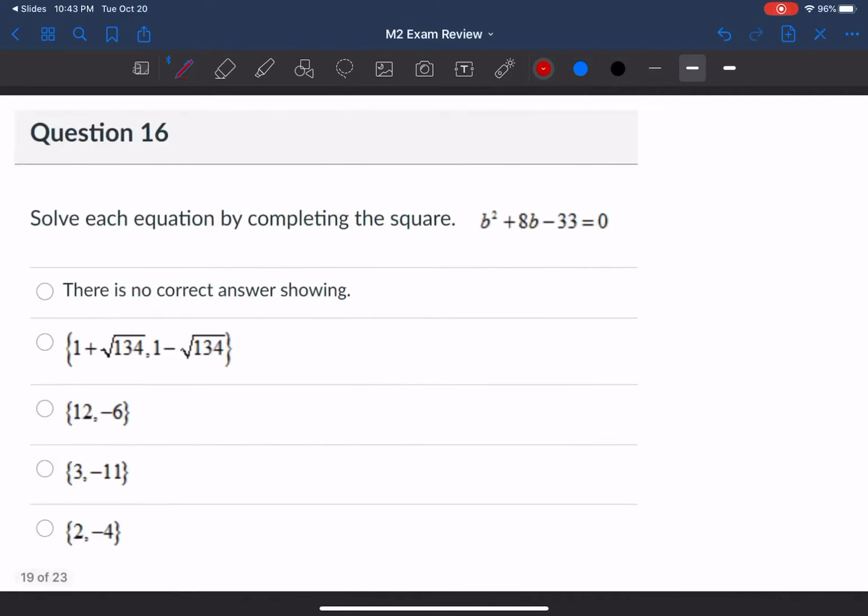Let's go over number 16. Same thing. You can complete the square, or you can actually do quadratic formula if you want to. I really don't mind. Or you can factor if you want. And after that, your answer should be, let me see. To save some time, let me just do it for you guys.